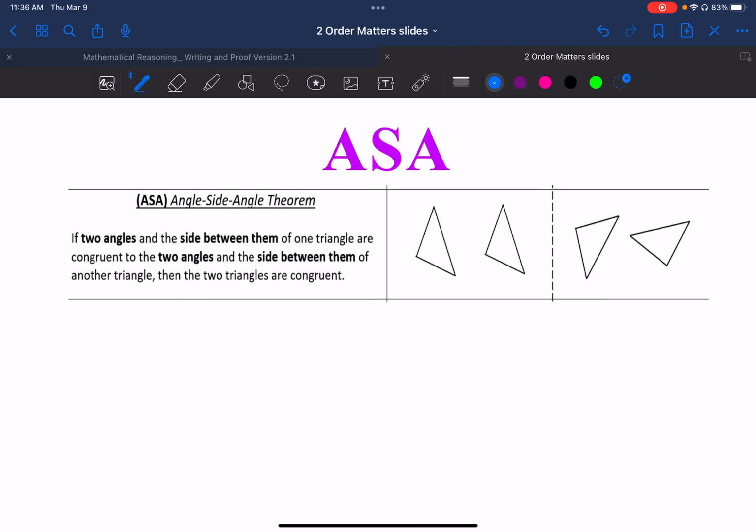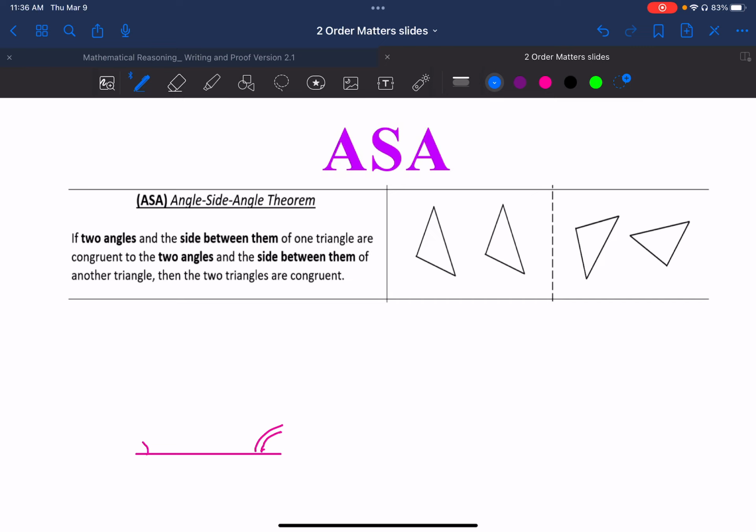ASA, same concept, and I'm just going to build it out like that. So I have an angle, side, and an angle like this. Sorry, technical difficulties here.